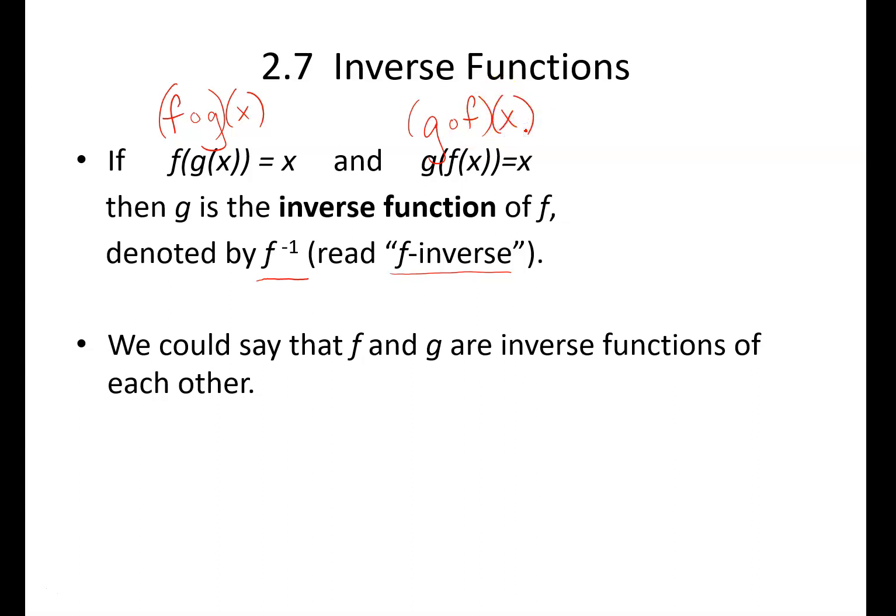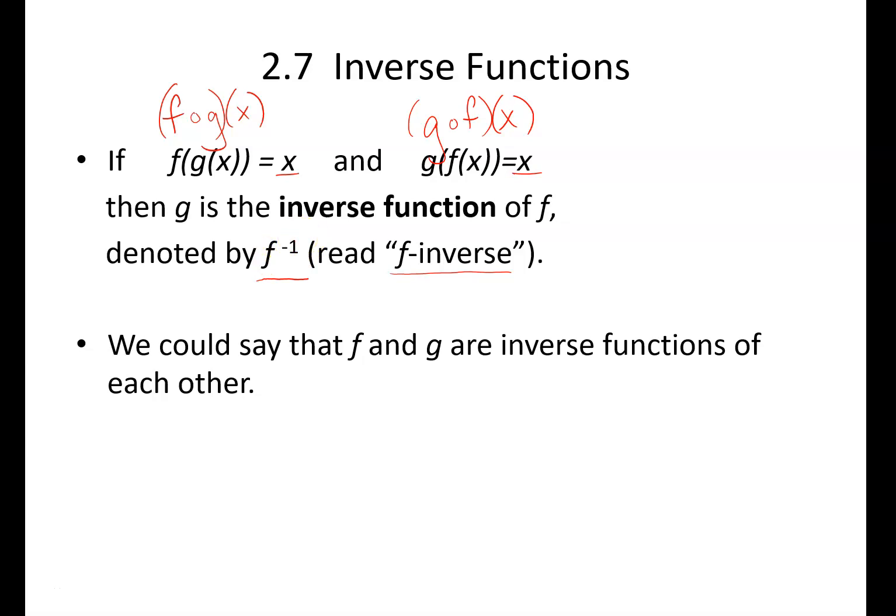If we were to find both of those compositions and get x as the answer, then g is the inverse function of f. We would denote the inverse using this symbol, f, and it looks like an exponent because it's superscript. You'd have a -1 up next to the f.